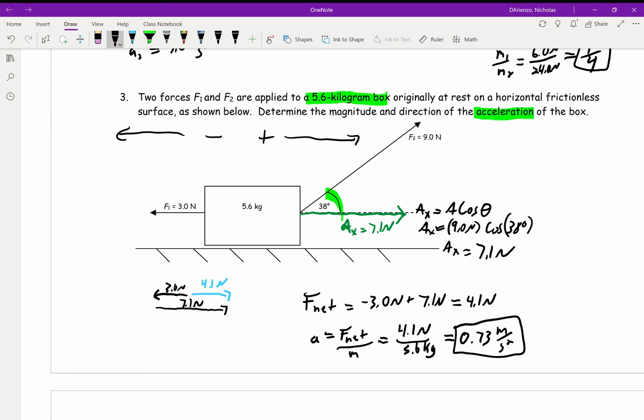And since this is positive, our acceleration is going to be to the right, 0.73 meters per second squared, in the same direction as our net force of 4.1 newtons.